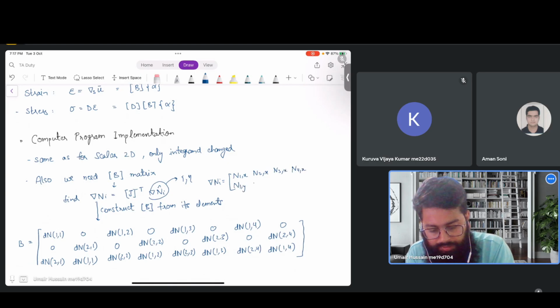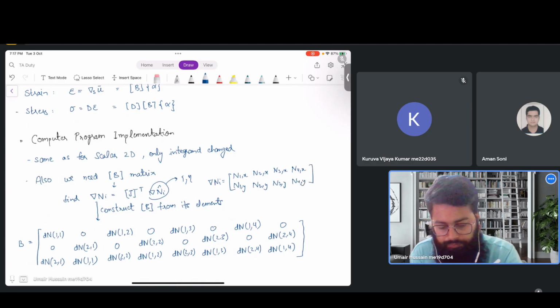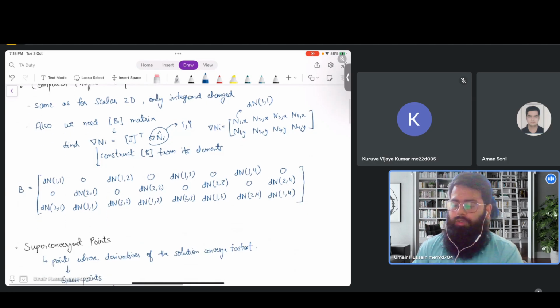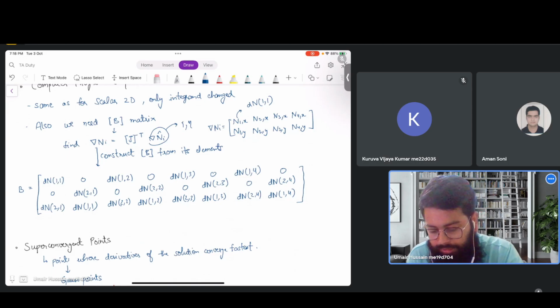Likewise, n1 comma y, n2 comma y, n3 comma y, n4 comma y. We denoted these as BN 1 comma 1, like that. With the help of these elements, we can design the B matrix. Then we discussed the basic program, and that concluded the discussion on 2D vector valued problems, that is, the elasticity problem in FEM.